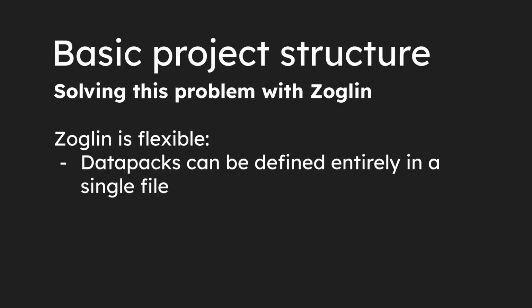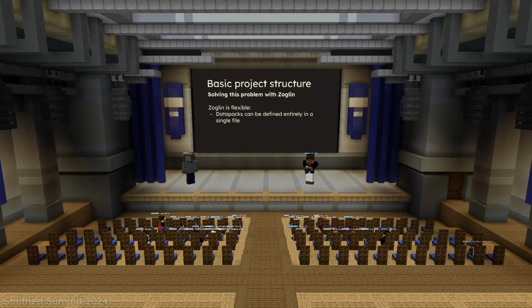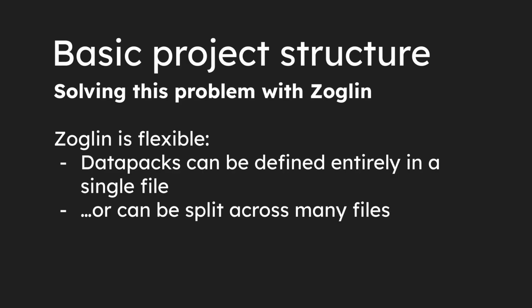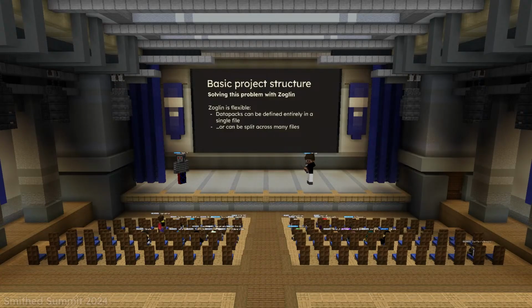So Zoglin is designed to be flexible. You can define an entire data pack within a single file if you so wanted to, or you can as well split up your data pack across as many files as you desire, right? And to keep this project structure, Zoglin provides a bunch of language features to be able to do so.